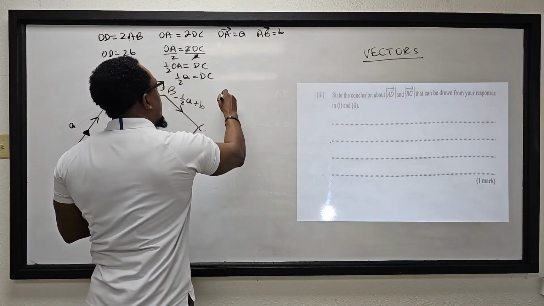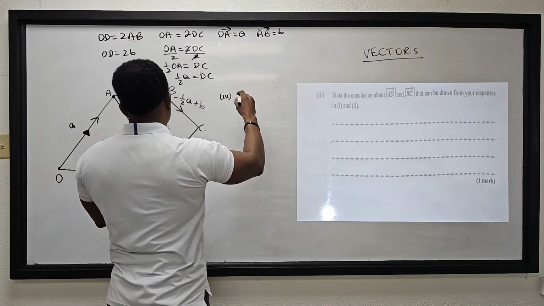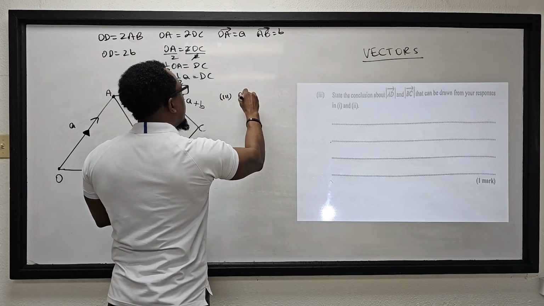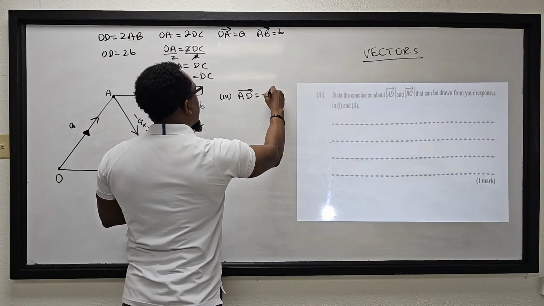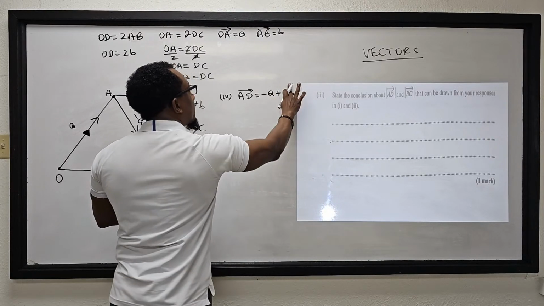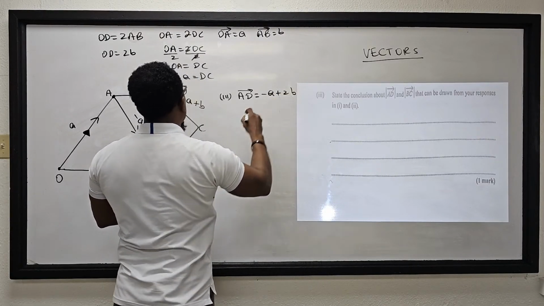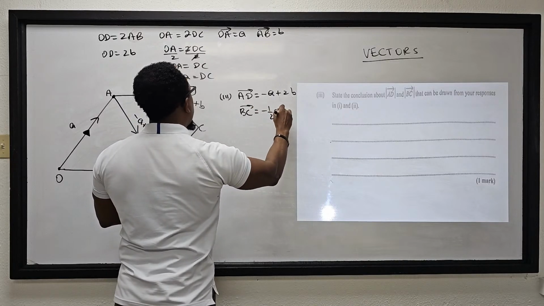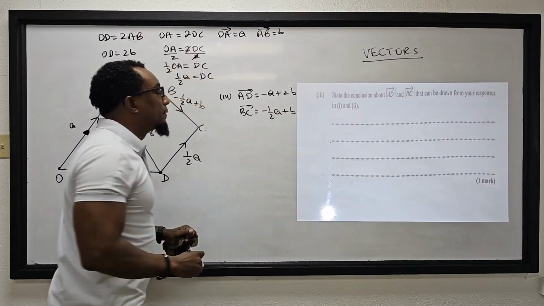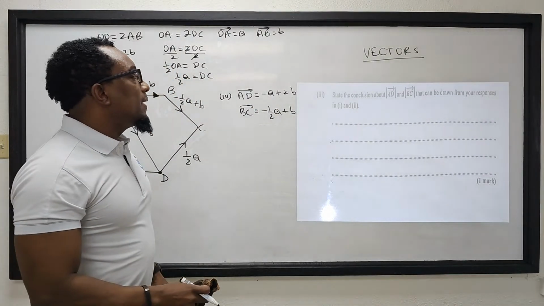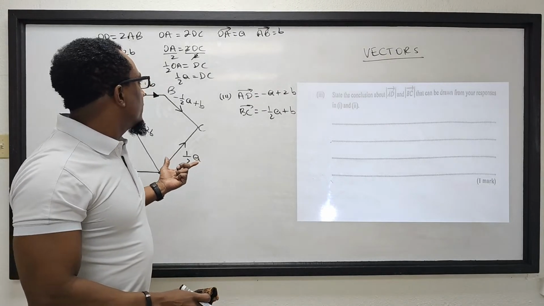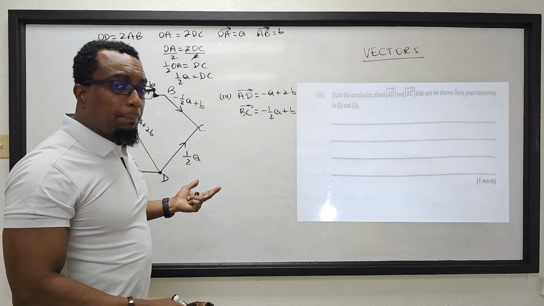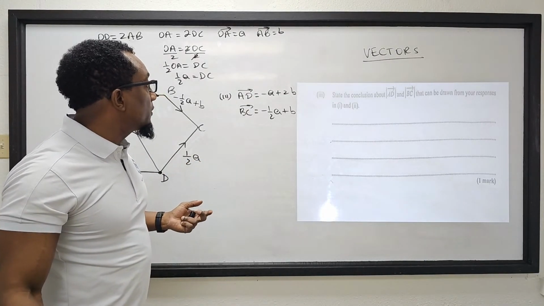So part 3, we know that AD is negative A plus 2B, and we know that BC is negative a half A plus B. So what kind of relationship can be established between those two vectors? Let's see if there's a proportional relationship that we can establish.